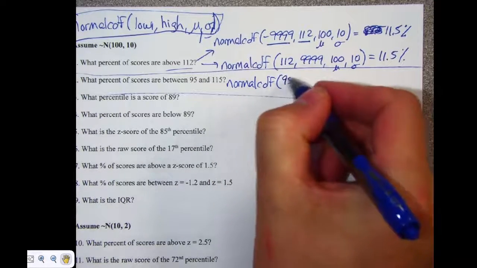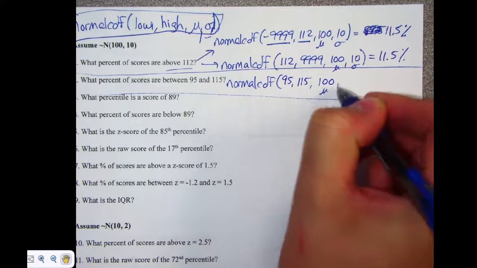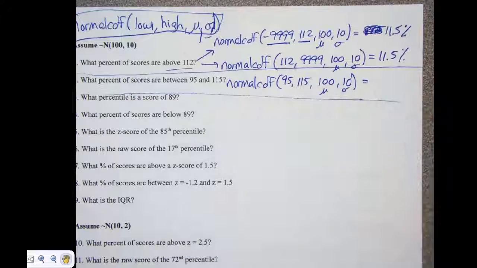So I'm going to go 95, 115, tell the calculator the mean, tell the calculator the standard deviation. You put the low number first, the high number second. That's all your calculator wants to see. You don't need the 999 because we're not looking all the way below a number or all the way above a number. We're looking between 2 actual numbers.